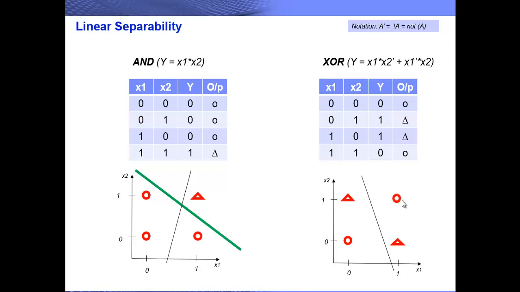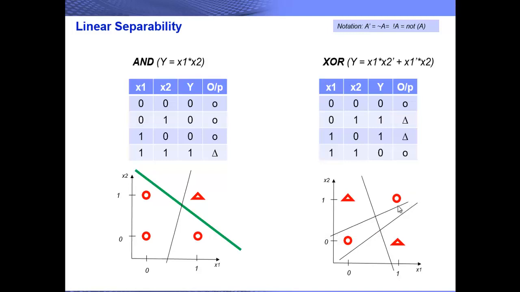Now let us try to find a line which can separate the triangles from the circles. I have taken this line, and is it separating? No, because one triangle is on this side, one triangle is on that side, and a circle on each side too, so that's not it. Let's consider one line at a time.